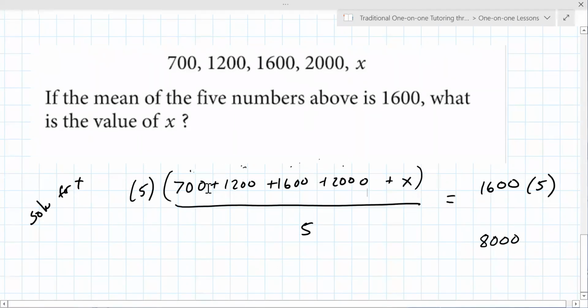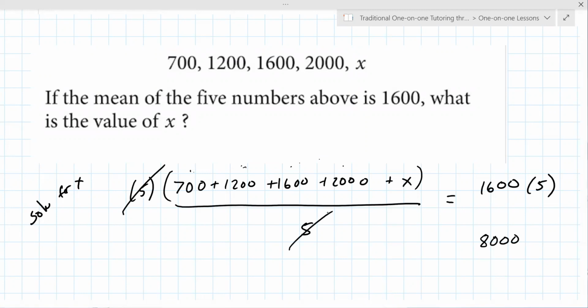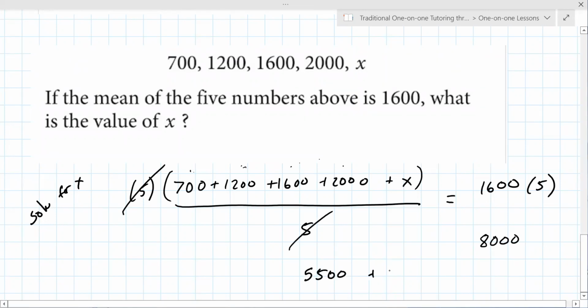Seven. And you're not multiplying it by 5. Maybe that's what's unclear. Oh, okay. Yeah, it's 5,500. Yes, 5,500 plus X equals 8,000.